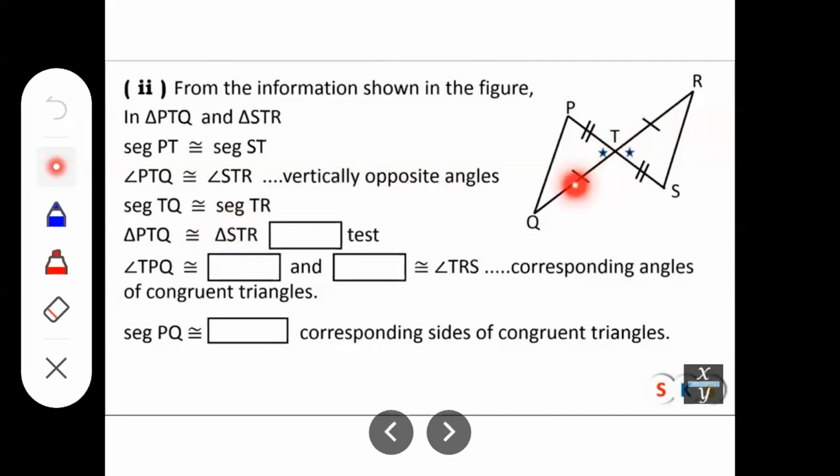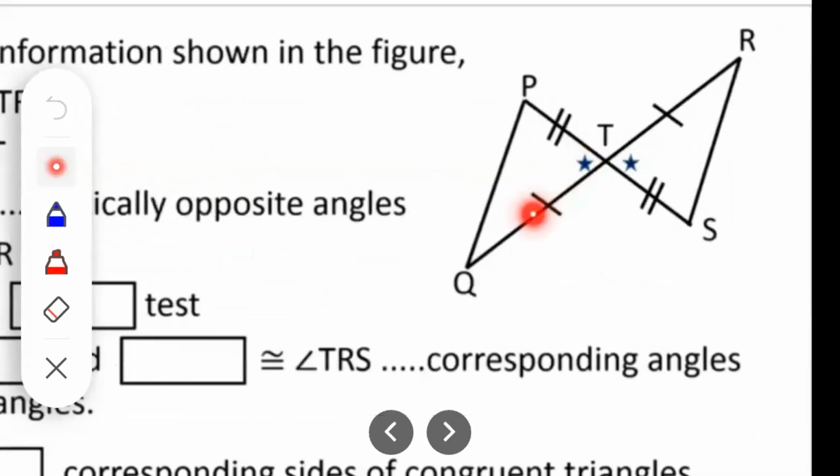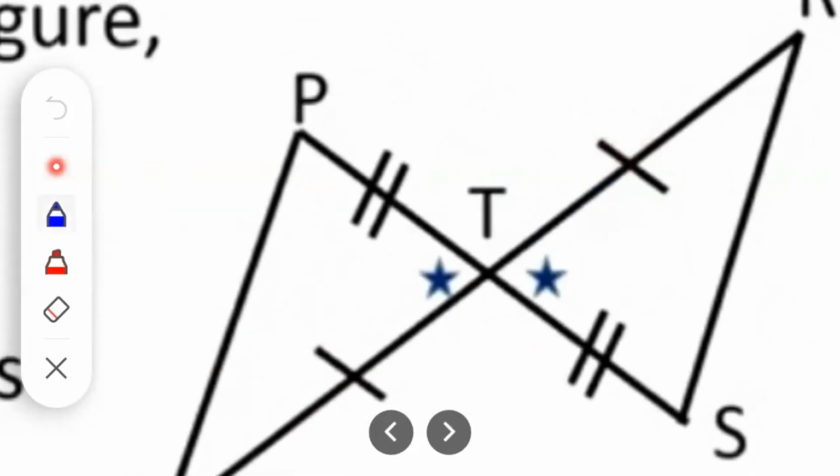See, TQ and TR are also marked by the same symbol, so those segments are also congruent to each other. See the diagram. Again, which test will be here?